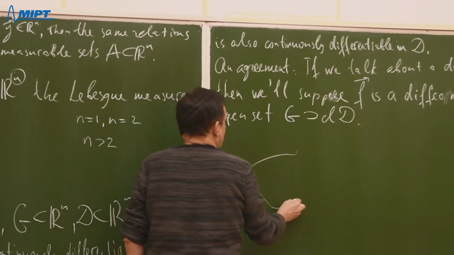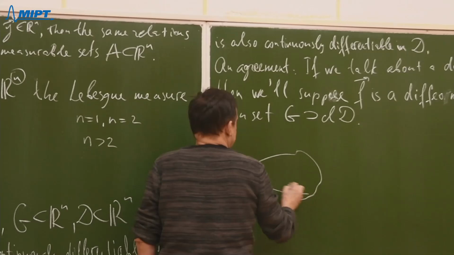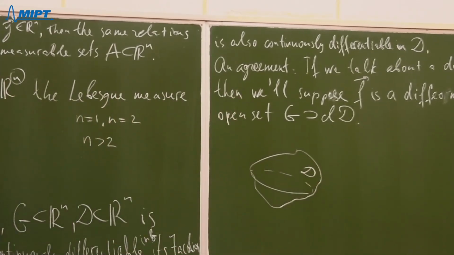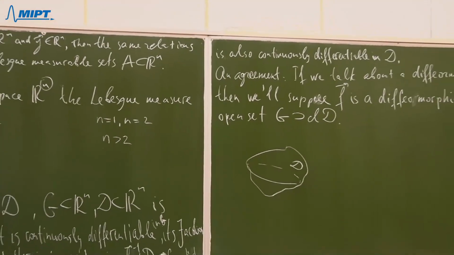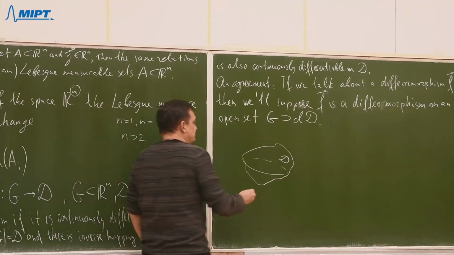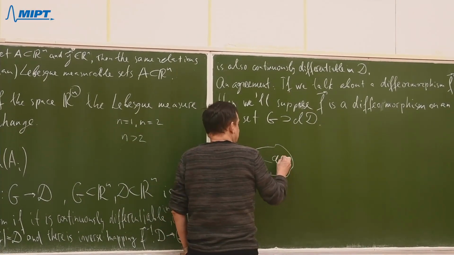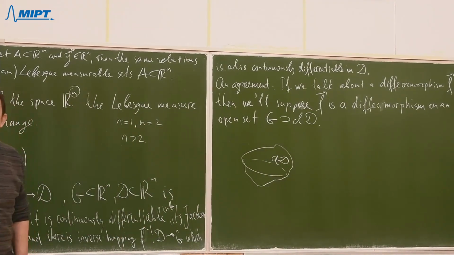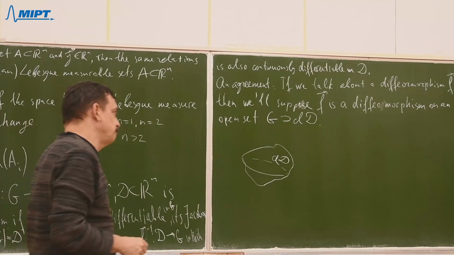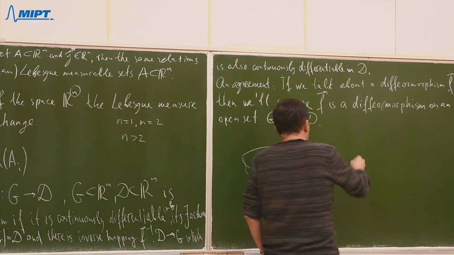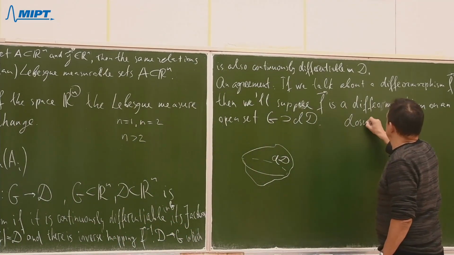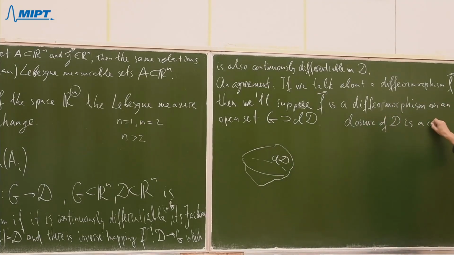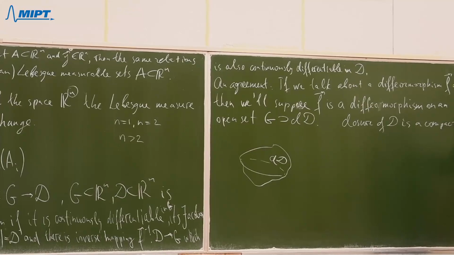So we have somewhere our set D, right? Then the closure of D is bounded, so the closure of D is a compact set.